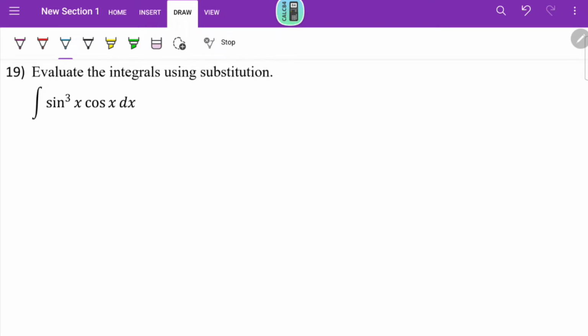So remember, if we're taking the antiderivative of a composition function, f of g of x, and over here we have a g prime of x dx, we can use U substitution.